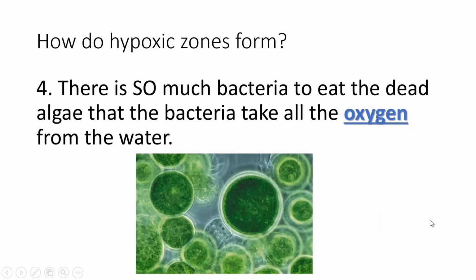The problem comes when there is so much bacteria to eat the dead algae that the bacteria take up all the oxygen from the water. There's essentially no oxygen left for other organisms to live because all of the bacteria are eating the dead algae in the water.